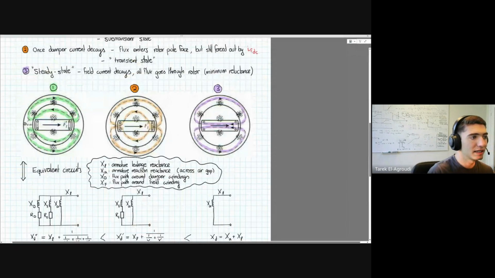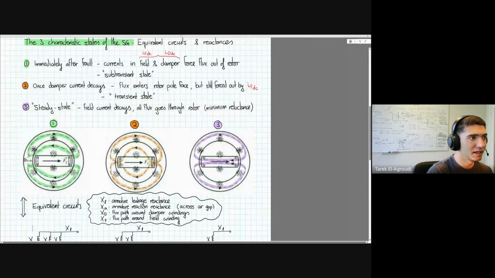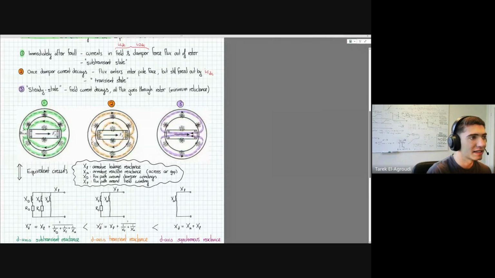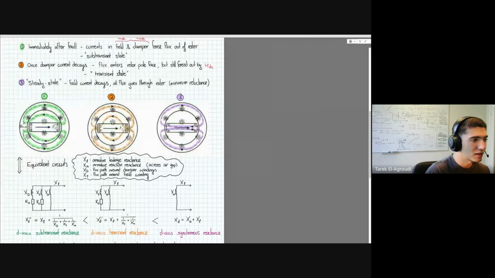Then once the currents in these damper windings decay, the flux starts to enter the face of the rotor. So it enters through the damper windings, which are usually at the end of the rotor, and it enters through the main windings. But now currents are induced in the field windings, and these also push the flux out of the rotor so that the flux is maintained as constant as possible through the rotor.